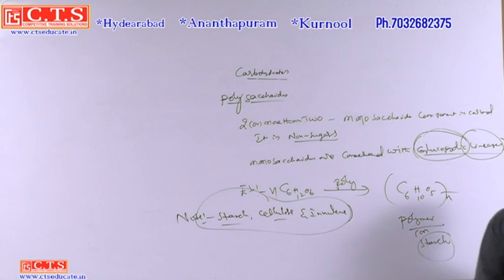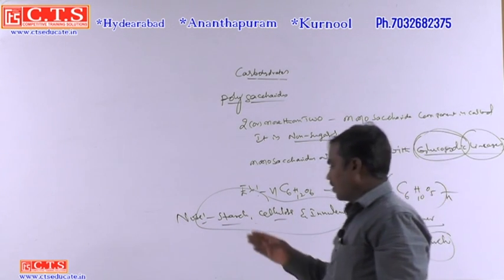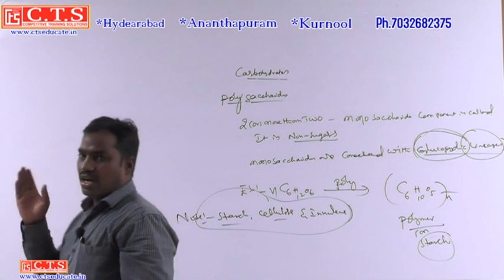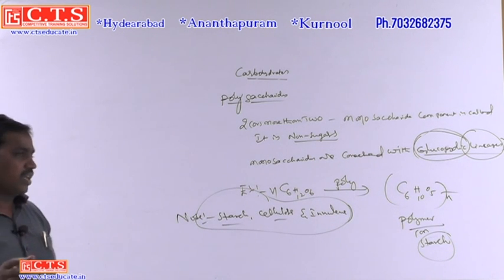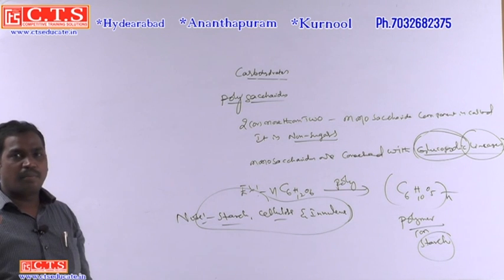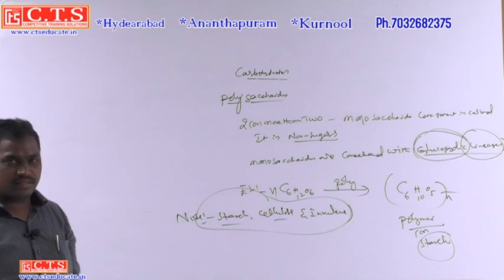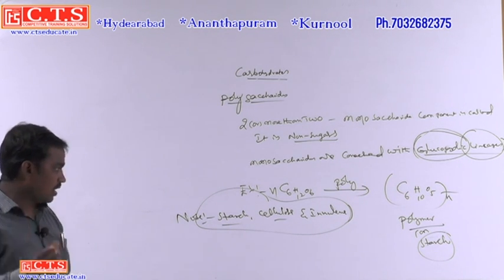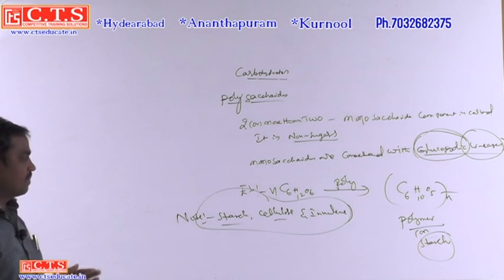Once again, repeat: starch, cellulose and inulin. Three sugars are polysaccharides.